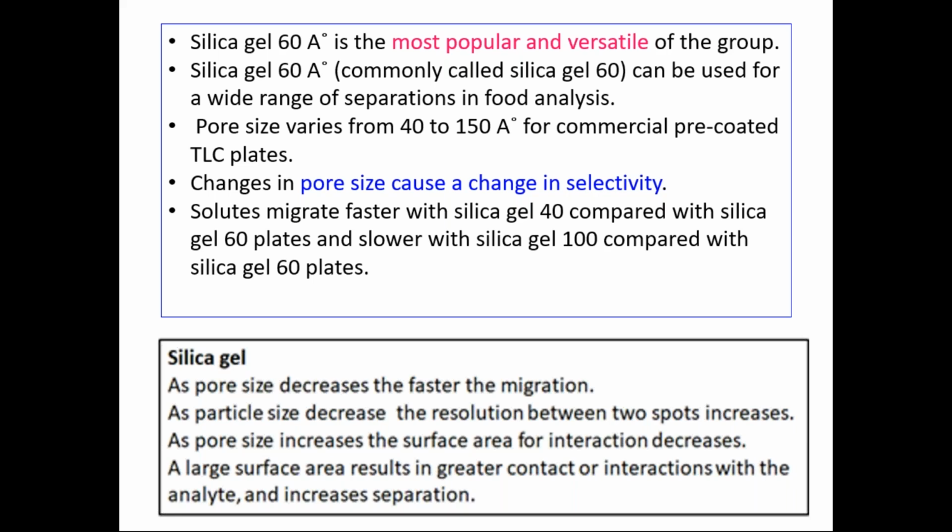As the particle size decreases, the resolution between two spots increases. You should understand the difference between pore size and particle size. Pore size is in angstrom, 40 to 150 angstrom, and the particle size will be given as micrometers. So as the pore size increases, the surface area for interaction decreases. A large surface area results in greater contact or interactions with the analyte.